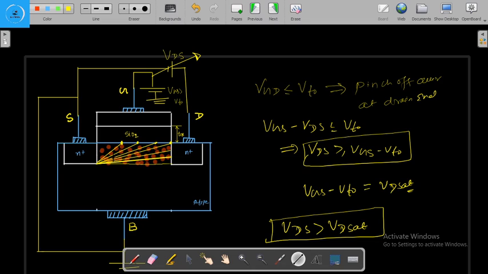One thing we need to remember is that if the pinch off point has moved to this point, then the channel is only this much, and the voltage across the channel is going to be constant, equal to the VDsat, and the rest of the voltage, which is greater than the VDsat, appears across the depletion region.